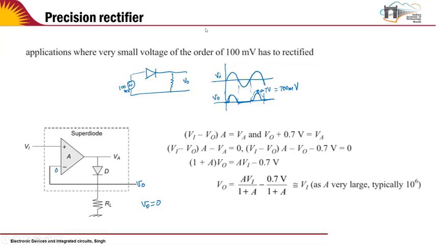So let me again discuss this carefully. I'll use a different color. So let's go back to the earlier one. So I have the input, which is doing the cycle, and then I'm trying to capture the output.